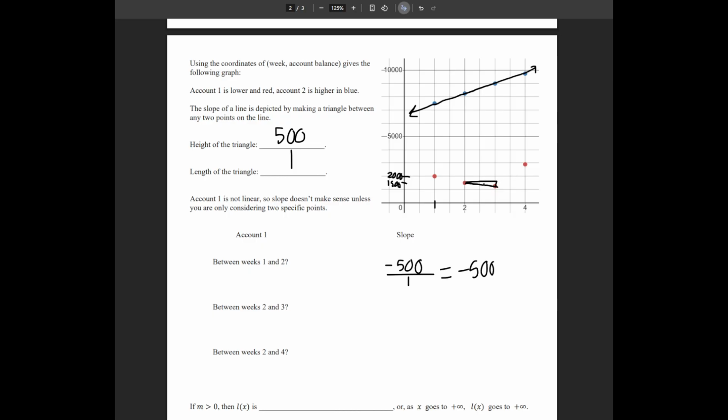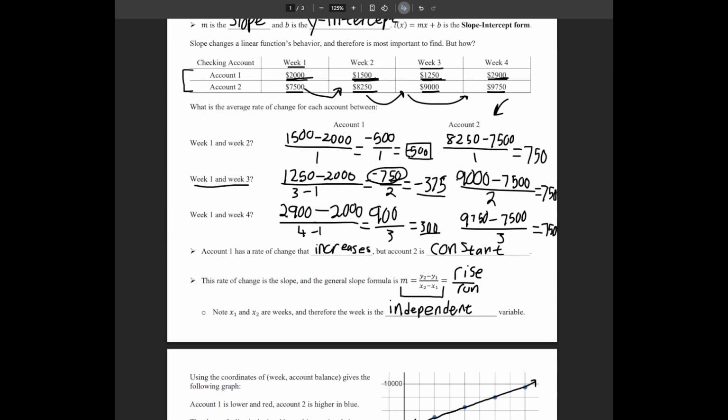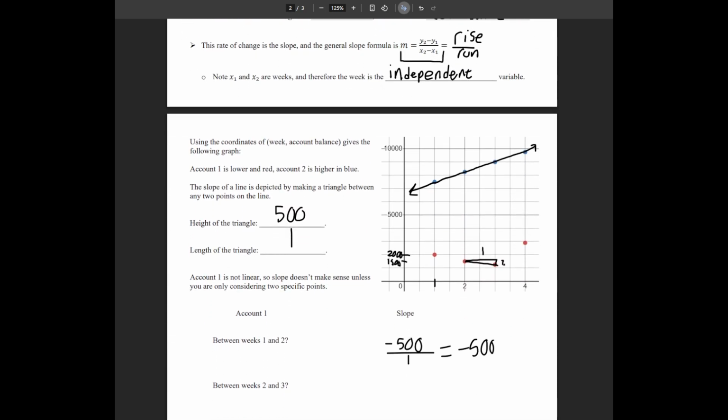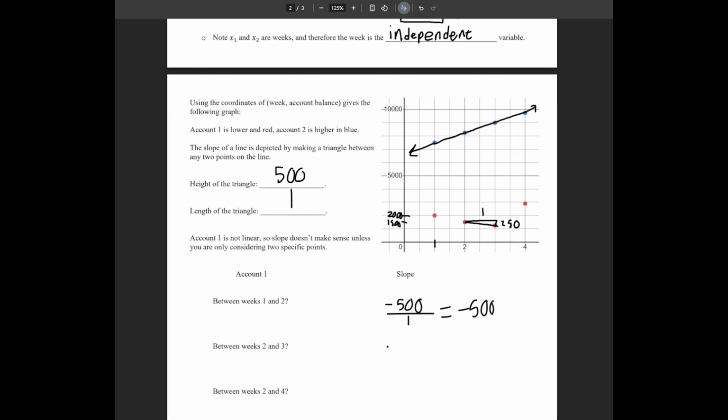Here we go. So our length is still 1, but our height will be slightly different. So between weeks 2 and 3, we're going from 1,500 to 1,250. So this will be a 250 unit decrease. So our slope will be negative 250 divided by 1, or just negative 250. So that is our slope between weeks 2 and 3.